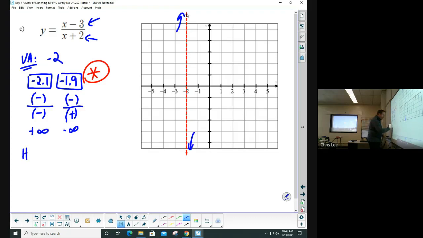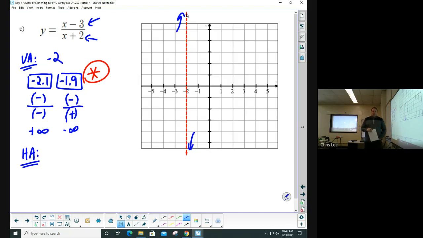Next, horizontal asymptotes. Are there any horizontal asymptotes? Does anyone remember what we need to compare when we are finding horizontal asymptotes? It's been a while, so it's okay.